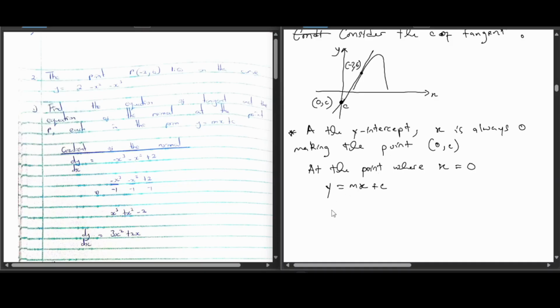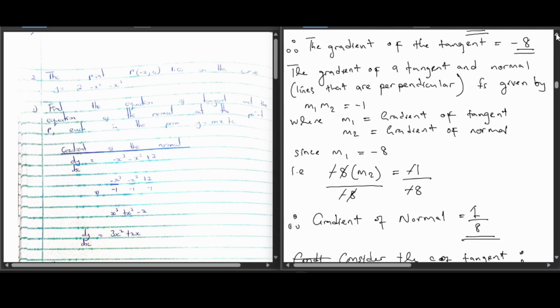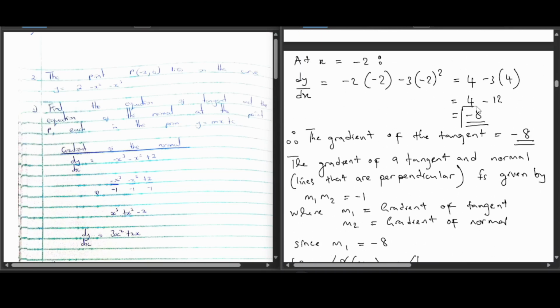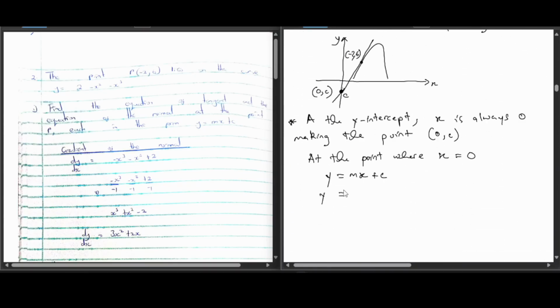Then we have calculated m, remember, and found that it is minus 8. So we want to replace it here: minus 8x plus c. But we know that x is 0 when we are at the y-intercept. So this is generally what we have. But we will go back and write it here as 0, c.